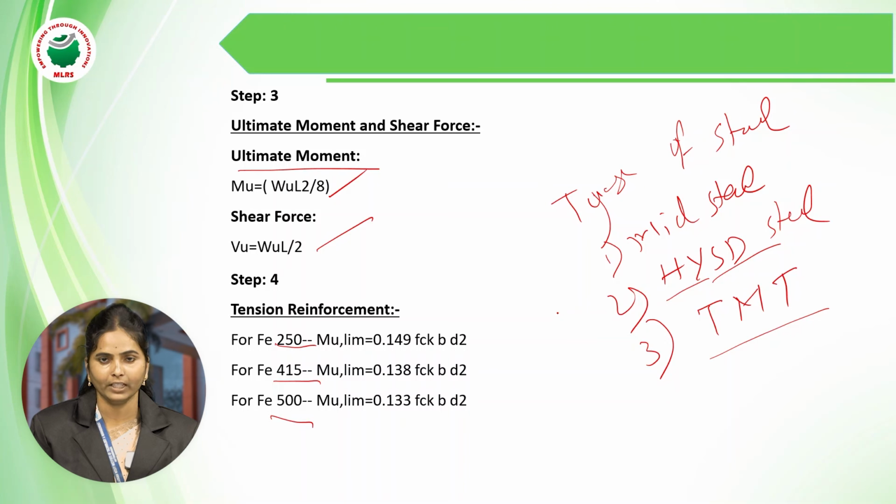For Fe 415, Mu limit is equal to 0.138 fck bd square. Next, what is the last grade of steel? Fe 500, Mu limit is equal to 0.133 fck bd square. Fe is ferrous. Okay.